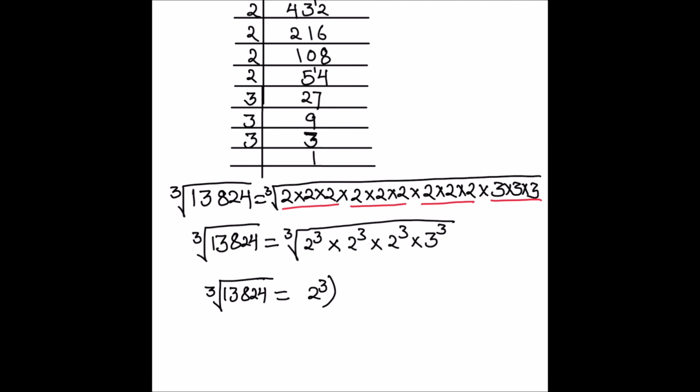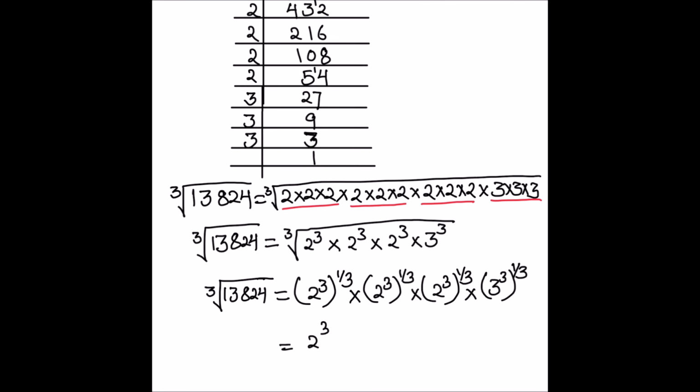So 2 cube whole raised to power 1 by 3 times 2 cube whole raised to power 1 by 3 times 2 cube whole raised to power 1 by 3 times 3 cube whole raised to power 1 by 3. This we can write as 2 raised to power 3 upon 3 times 2 raised to power 3 upon 3 times 2 raised to power 3 upon 3 times 3 raised to power 3 upon 3. This is cube root of 13,824.